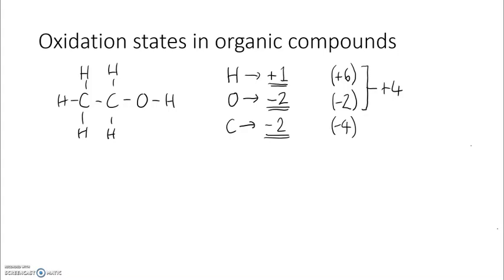However, if you actually have a look at the ethanol molecule, you might begin to see a little bit of a problem with this, because clearly the carbons within this molecule are not equivalent in terms of what they're bonded to. We've got 1 carbon which is bonded to 3 hydrogens and 1 carbon, so none of these are going to be particularly pulling electrons away from that carbon, whereas this carbon here is bonded to 2 hydrogens, yes, but it's also bonded to an oxygen, which is definitely going to be quite effective in pulling electron density away from it.